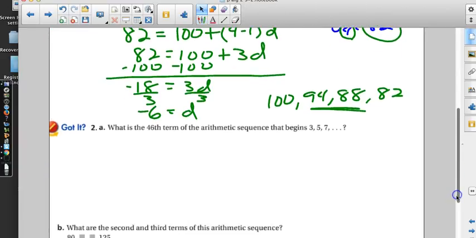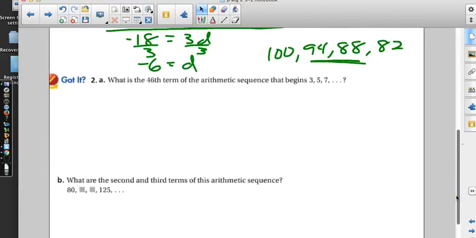So now, got it, 2a here. It says, what is the 46th term of the arithmetic sequence that begins 3, 5, 7? And I see this. So I am going to call on people today. Let's see what we can do. The first thing I want to know is what formula we should be using to start off with.